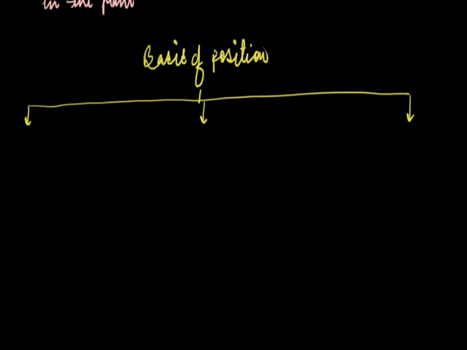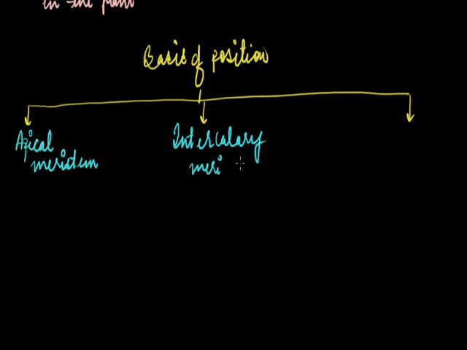First is the apical meristem. Second one is the intercalary meristem. And third one is the lateral meristem. So on the basis of position, meristematic tissues are of three types: apical meristem, intercalary meristem and lateral meristem.